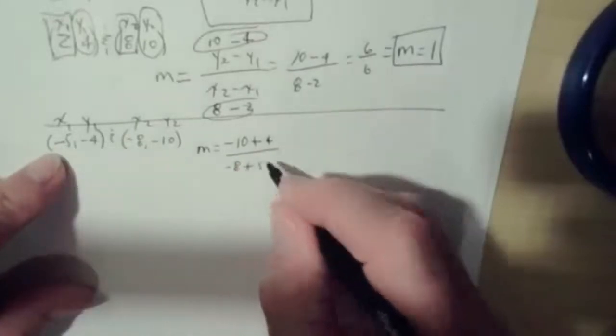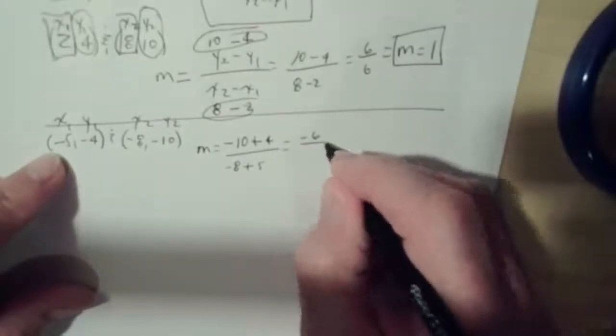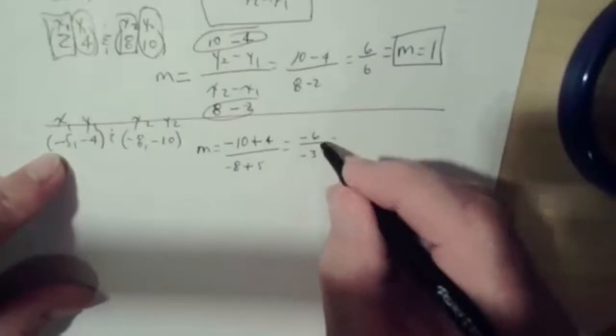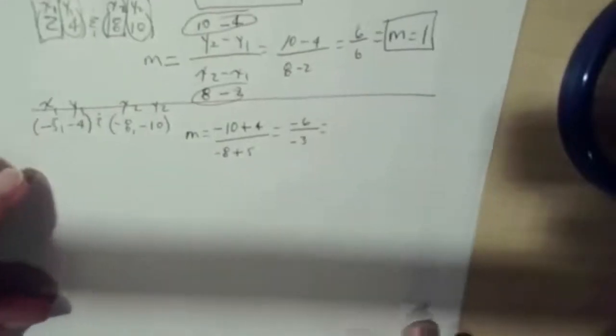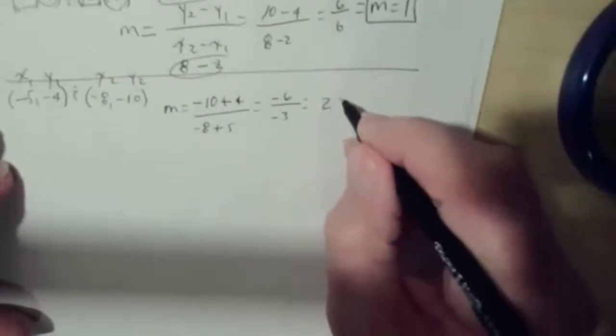So this equals -6 over -3. A negative divided by a negative is a positive, and that's going to be 2, and that's our slope.